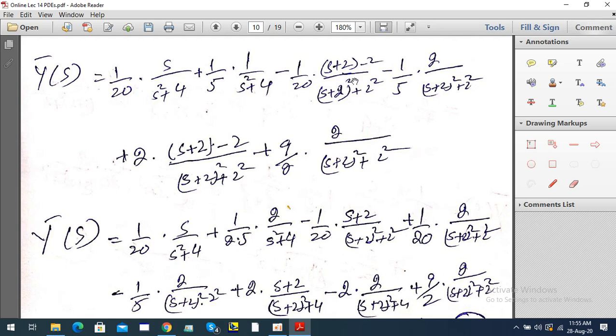Minus 1 by 20, I separate this as s plus 2 by this thing, and minus into minus plus 2 by 20, giving plus 1 by 20 and 2 by this thing. Similarly, minus 1 by 5, 2 by this thing, plus 2 into s plus 2 over s square plus 2 square, minus 2 by 2, and plus 9 by 2 into 2 over (s plus 2) square plus 2 square.